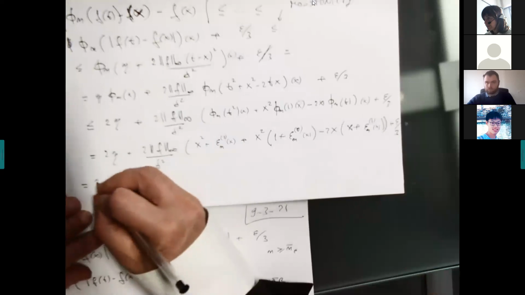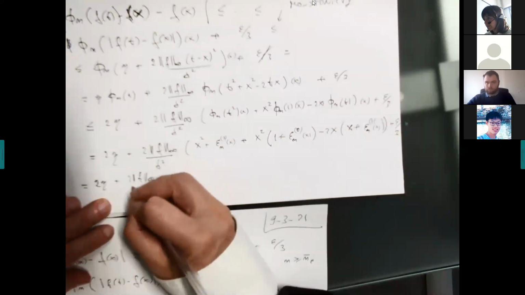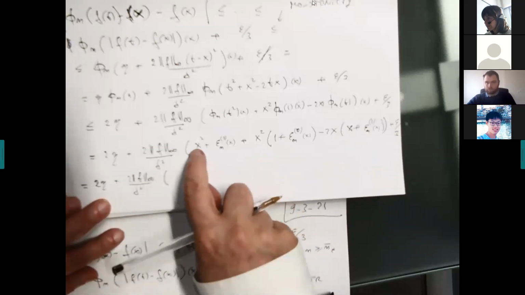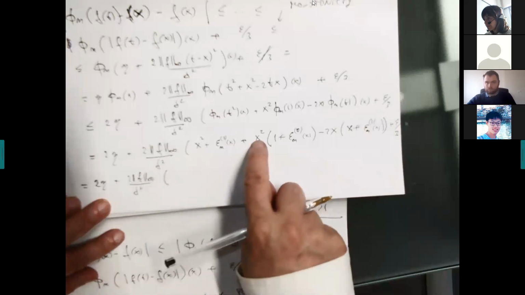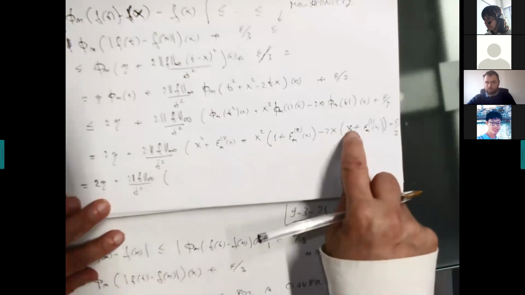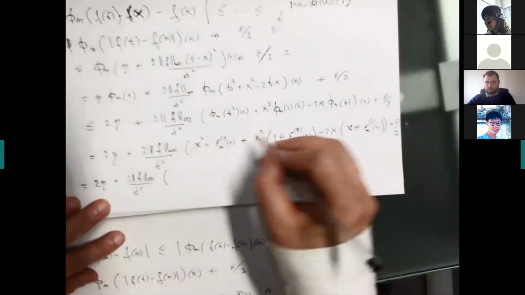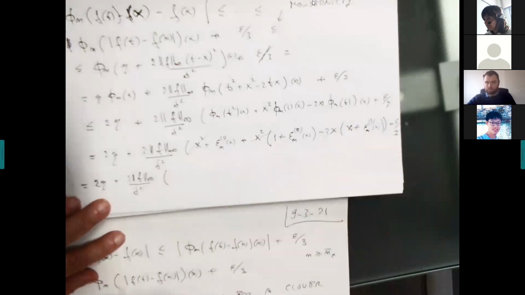So 2n plus 2 infinity norm of f divided by delta square. And here we can make the computation. So there is x square plus x square times 1, and then minus 2x times x. So the x square disappears. So this, and this disappear.